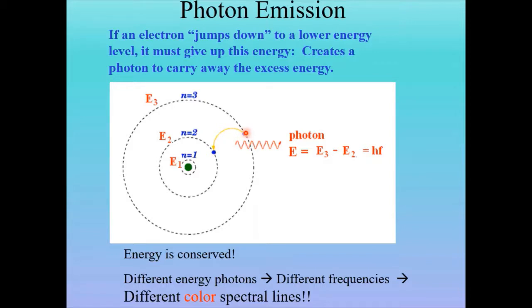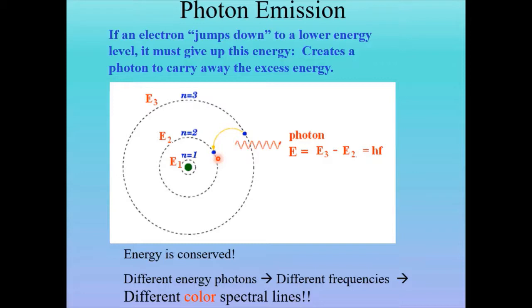This electron can jump down to a lower energy level. But remember, when something goes from high energy to low energy, we have to get rid of that energy somehow. And remember that energy is conserved. It can't be created or destroyed. So if the electron is going to go from high energy here to lower energy here, it has to get rid of some energy.